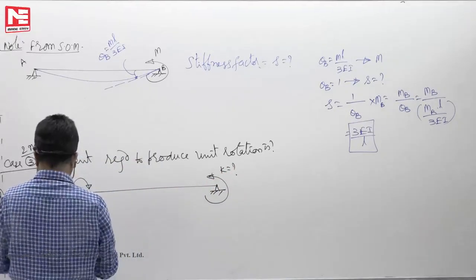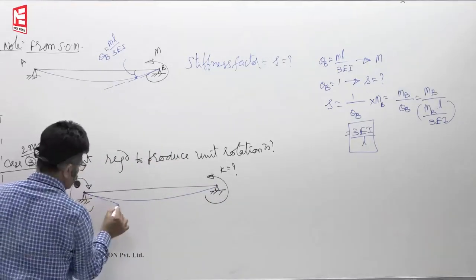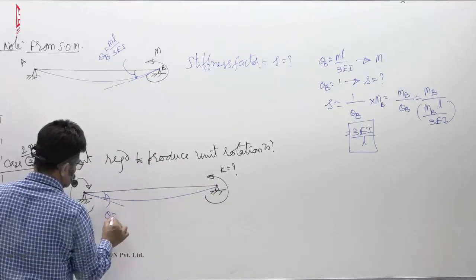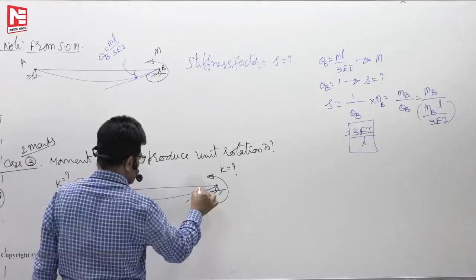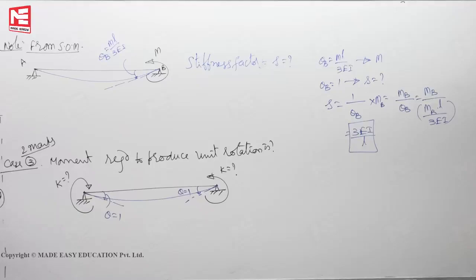So that the deflected shape is like that. I want theta B to become 1. Theta is equal to 1. Here also I want theta equal to 1. Then how much K do you have to apply?